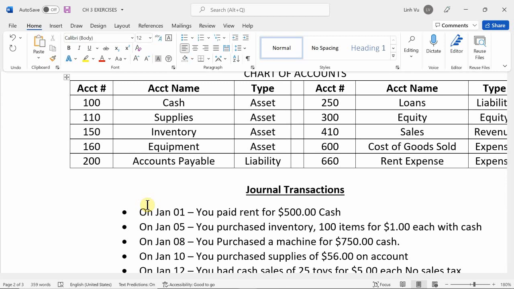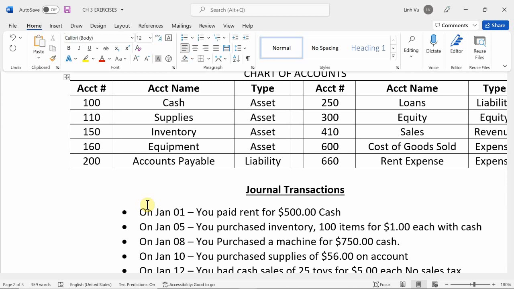Well, in this case, I paid for rent, okay? And I used cash. So in this case, I spent money to pay for rent. So I increased my expenses because I spent money to operate my business.